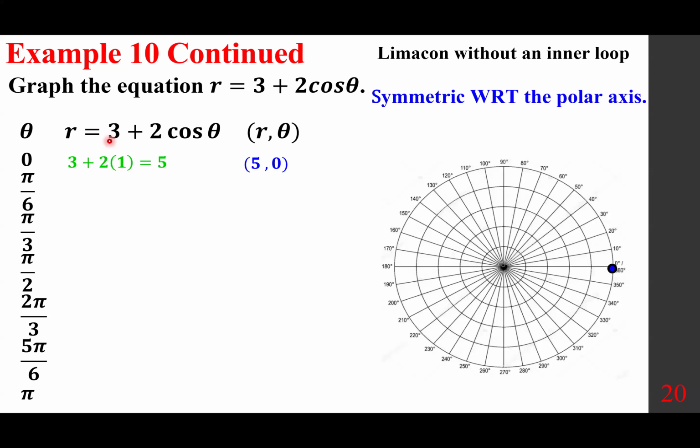Okay, so the first point, 3 plus 2 times 1, is 5 comma 0. So 1, 2, 3, 4, 5. Remember the way you locate that. I wrote a bunch of them, and I'm going to write the pairs.